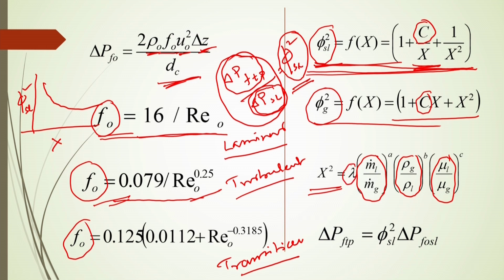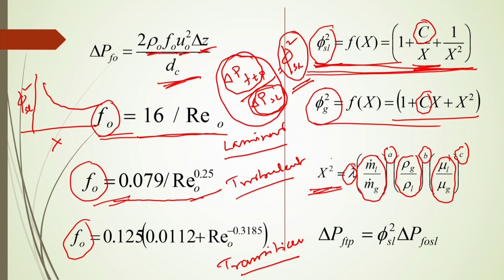And this lambda and A, B, C, those are constants that can be obtained from the experimental data. Now, x you can calculate from the experiment also. How to get this? If you do the experiment on the single phase, then what should be the frictional pressure drop, and if you do the experiment with the single phase of gas, then also you have to have the measurement data of the.